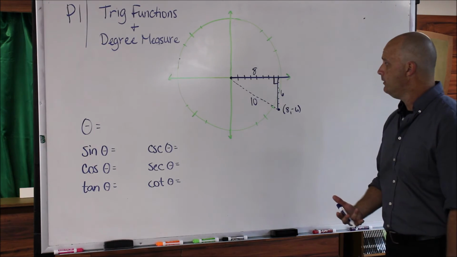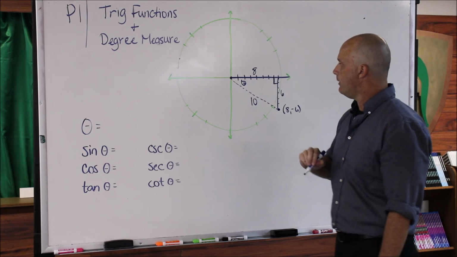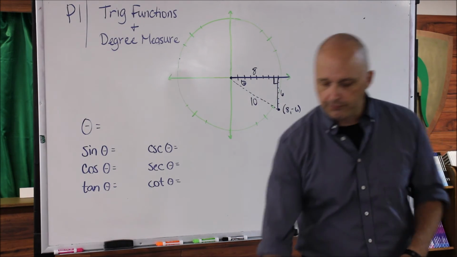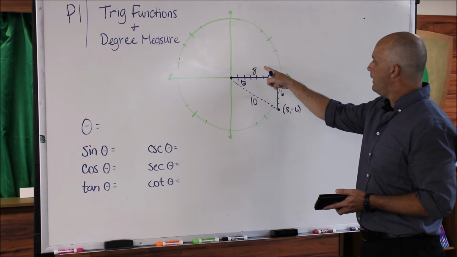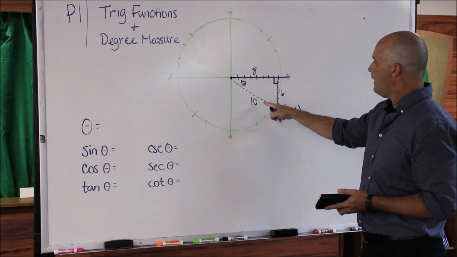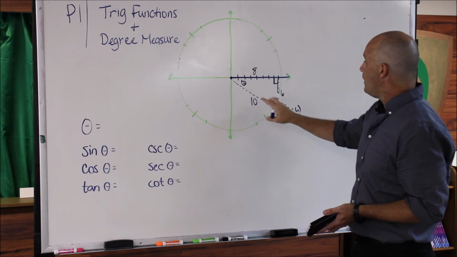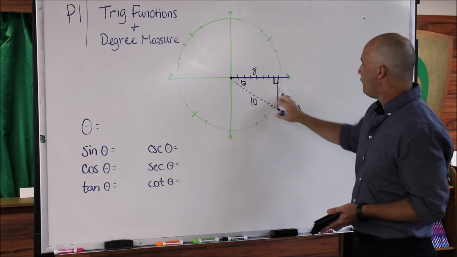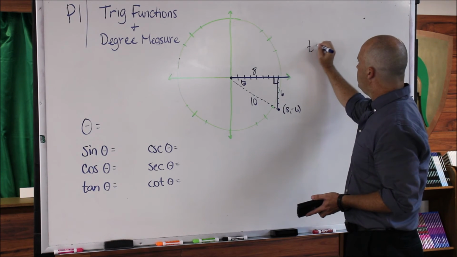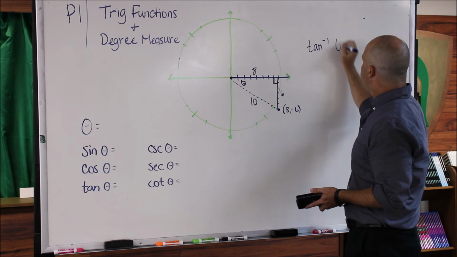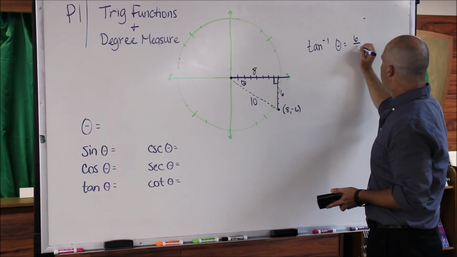The next thing that I'm going to do is I want to find the measure of theta right there. So if I have theta there, I'm looking at the adjacent and the hypotenuse, or actually I can use basically anything here. So I'm going to go ahead and use the first 2 that I had, the opposite and the adjacent, and I'm going to go the inverse tangent of theta is equal to 6 over 8.